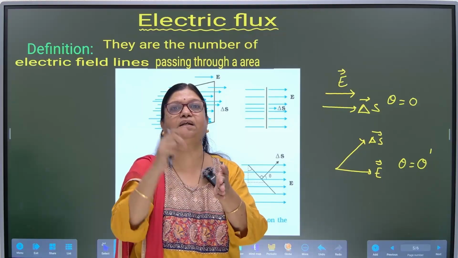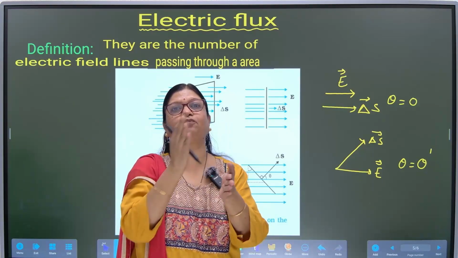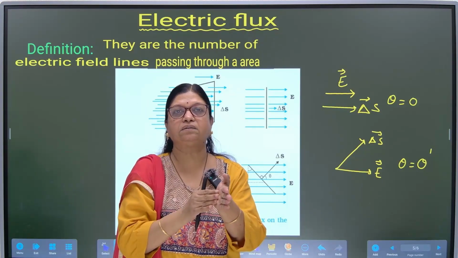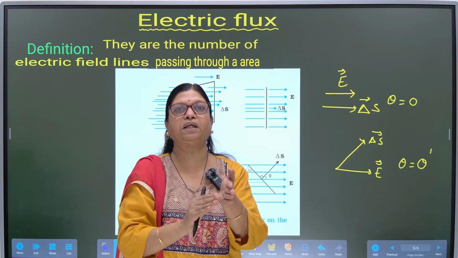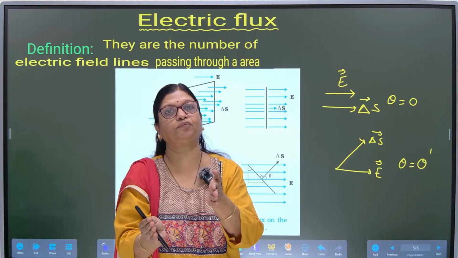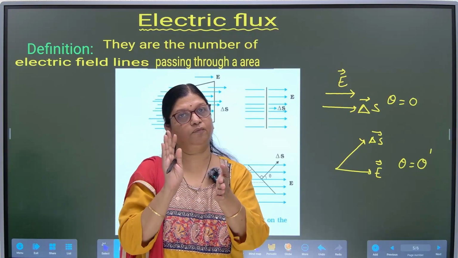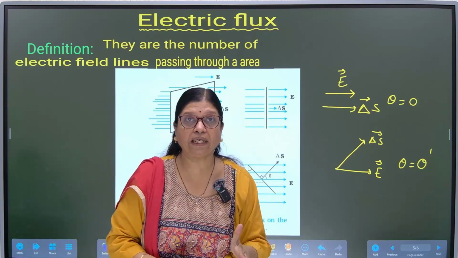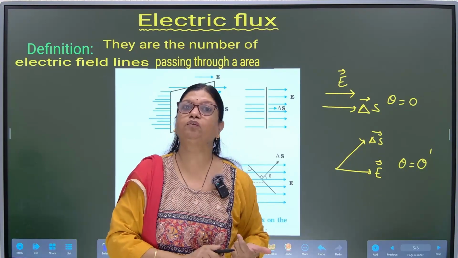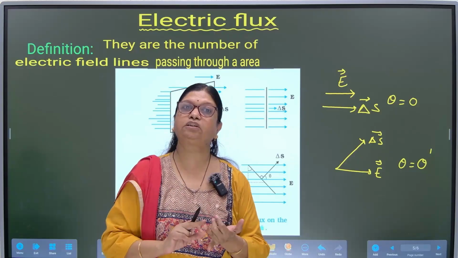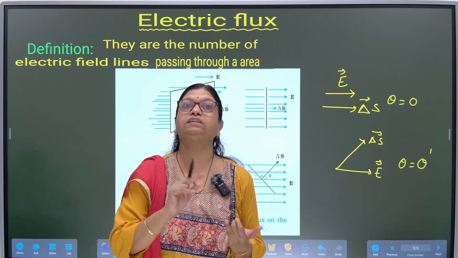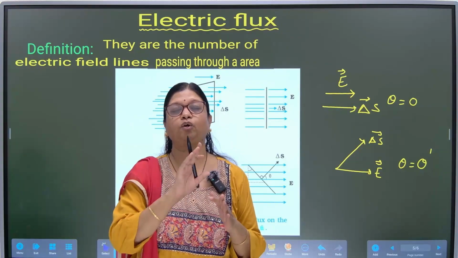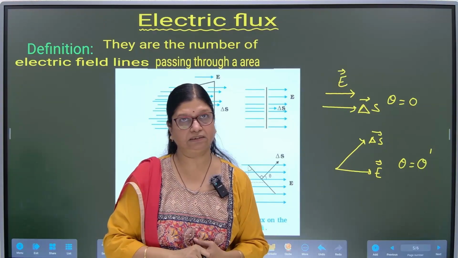Because we are considering electric field to be flowing, this example can be considered similar to the electric flux. Fine. So the angle has to be determined between the direction of the electric field and the direction of the area element. What is the area element? A part of the area which we are considering.